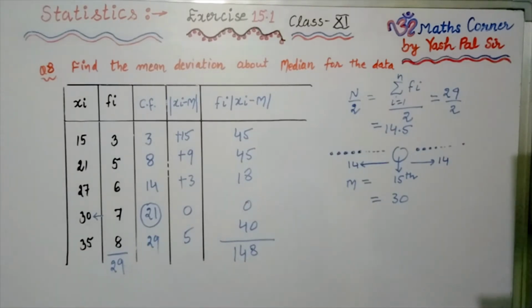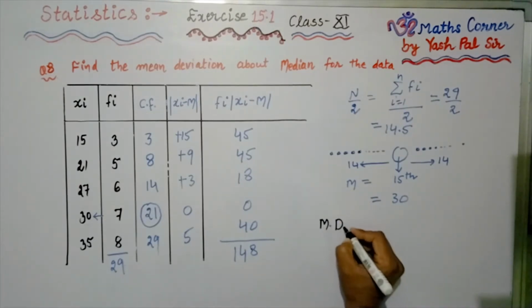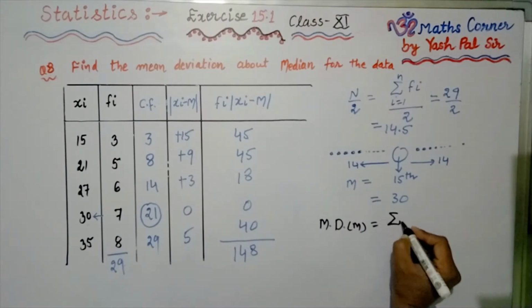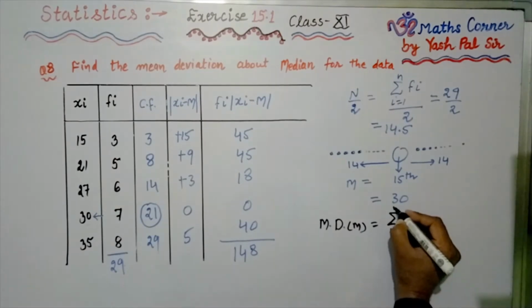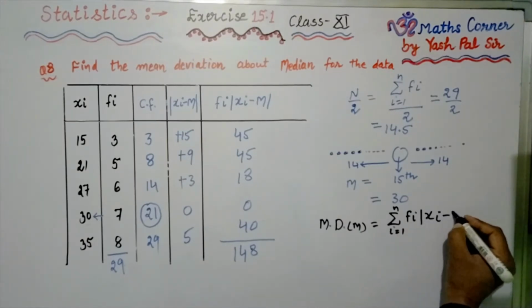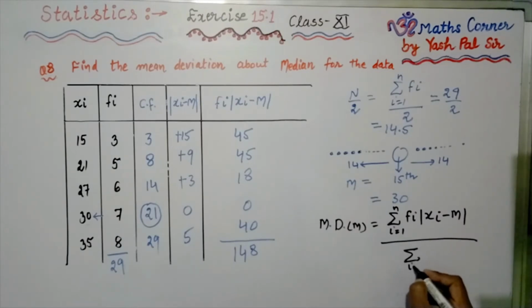Now what is the formula for finding mean deviation about median? This is equal to summation i equal to 1 to n of Fi into modulus of xi minus m, whole divided by summation i equal to 1 to n of Fi, right?